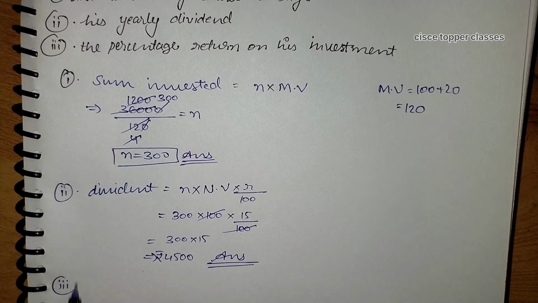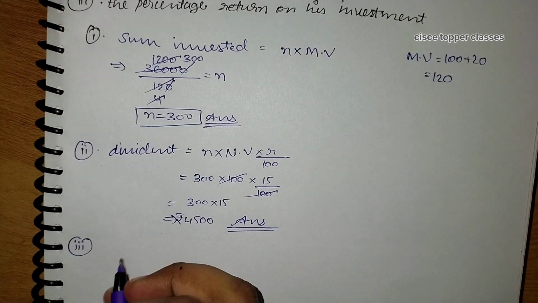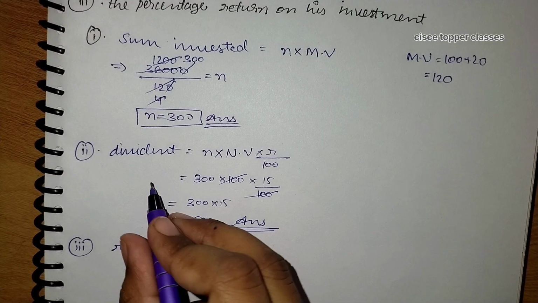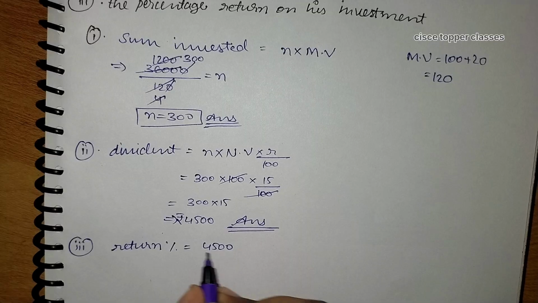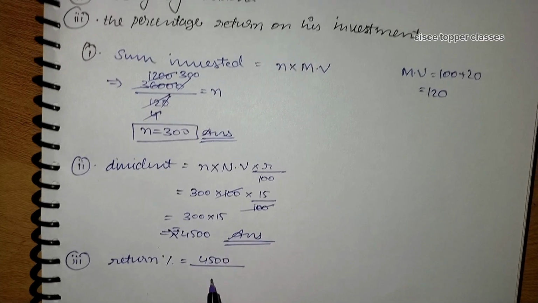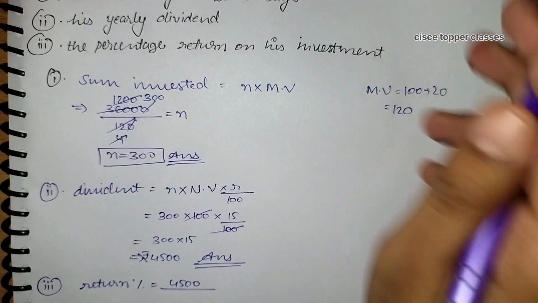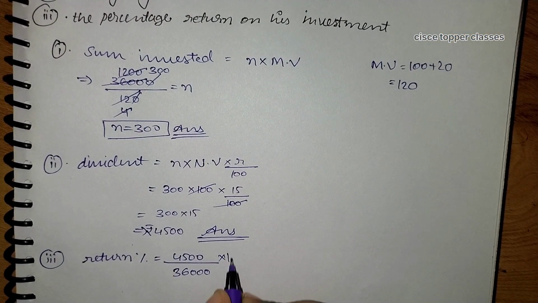The third part is asking the percentage return on his investment. If we have to find the return percentage, this will be annual income divided by the investment. Annual income we have calculated, so this is 4500 divided by the total investment. Total investment is given to us as 36,000. So here we will put 36,000 into 100 as the percentage.